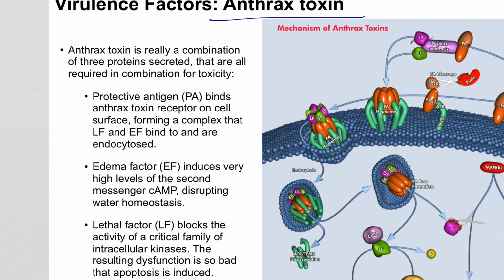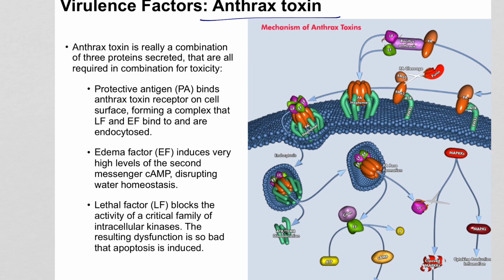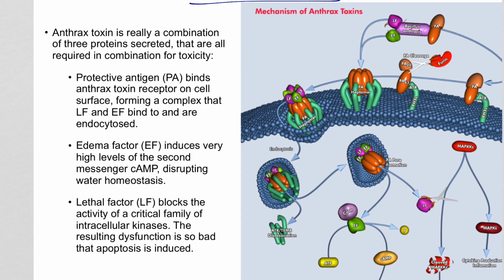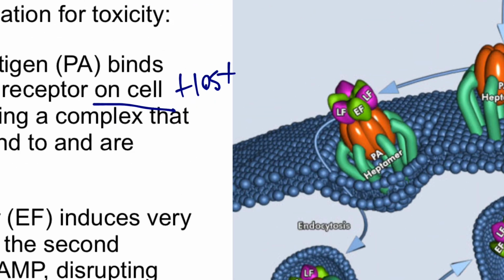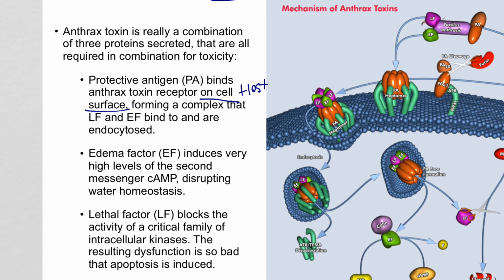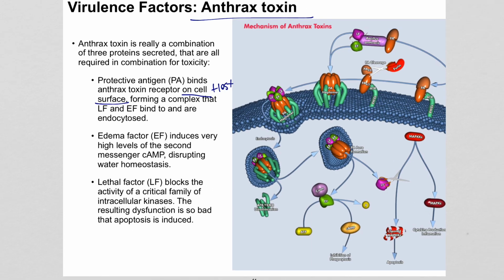The first one is called protective antigen. And protective antigen binds a receptor on the cell surface. Now, when I say on cell surface, that means host cell, so that's the human cell. And what that does is basically serve as a docking site.